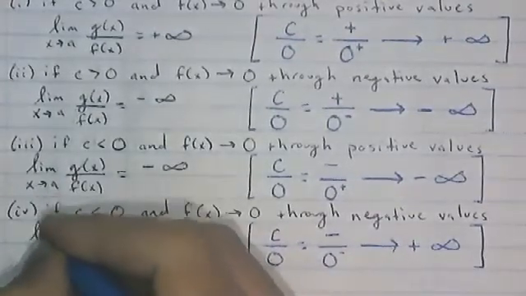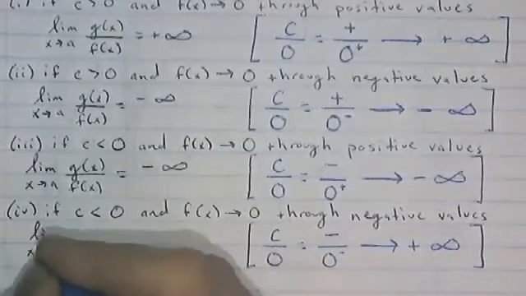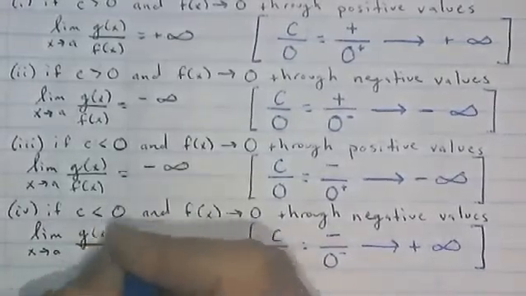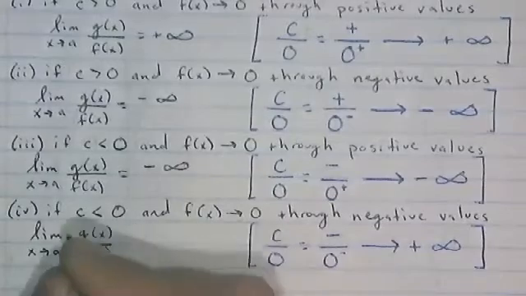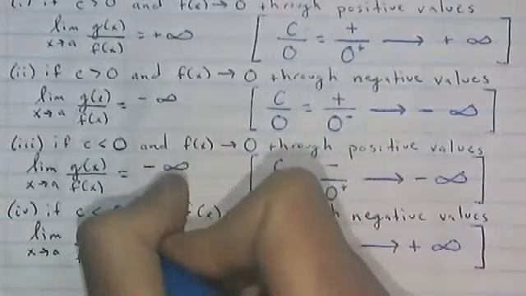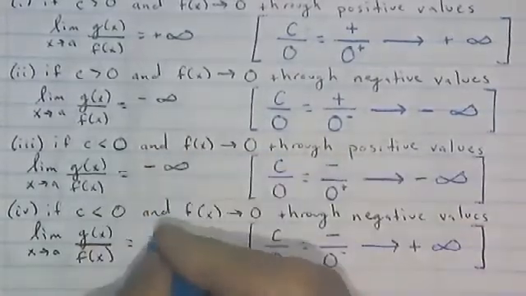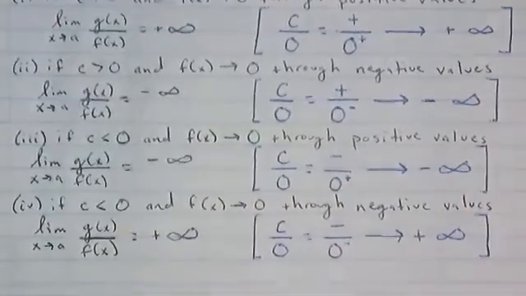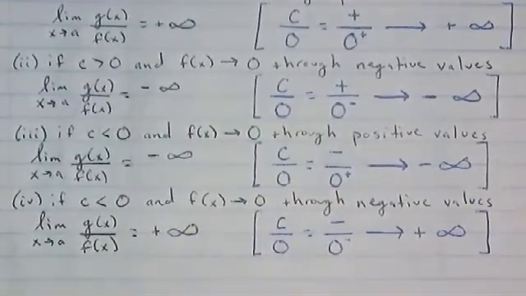So then the limit as x approaches a of g of x divided by f of x does not exist, but that quotient increases without bound, approaches positive infinity as x approaches a.